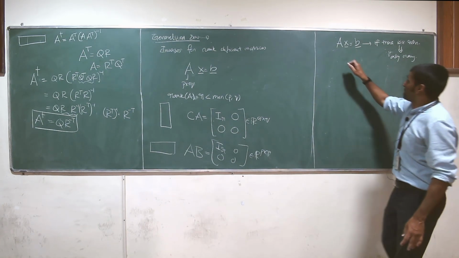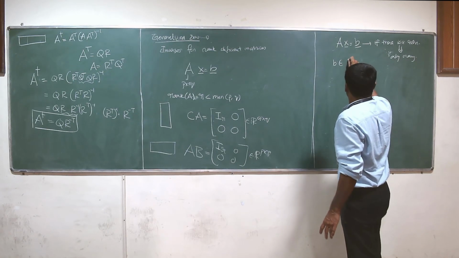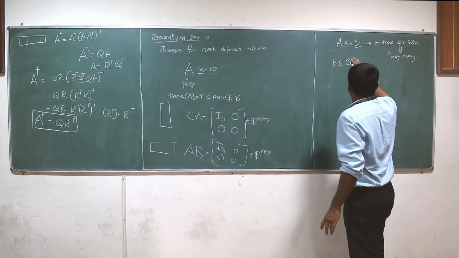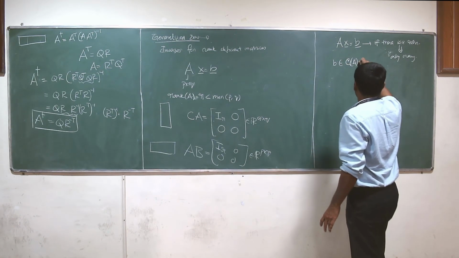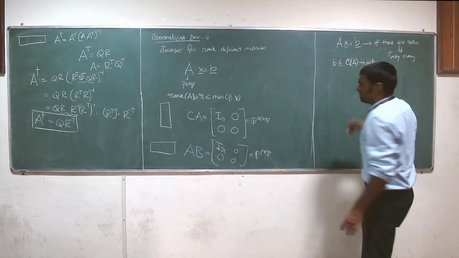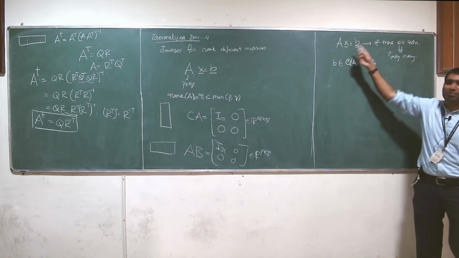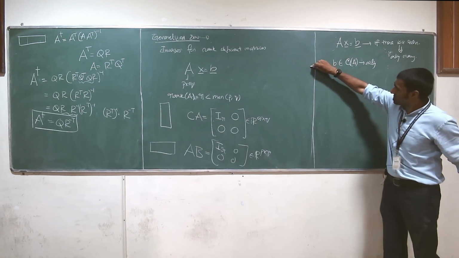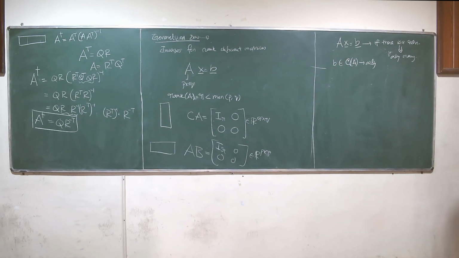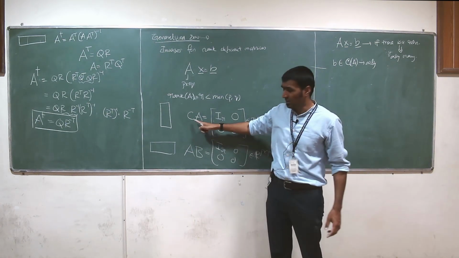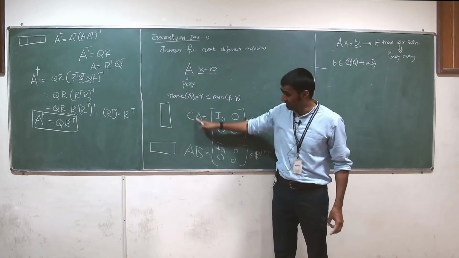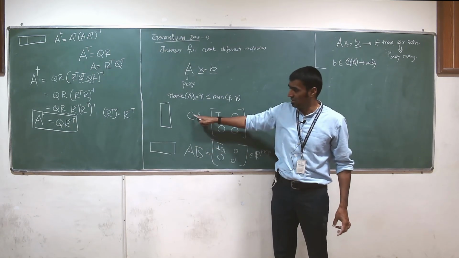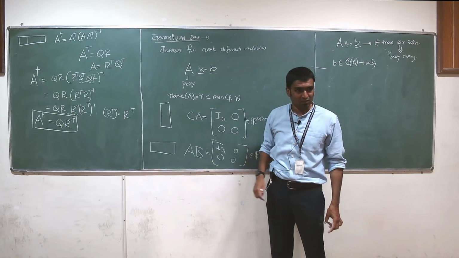Okay, the same thing applies if B is in the column space of A, then you have infinitely many solutions. If, of course, B is not in the column space of A, this is not solvable again. And here again, like in the left and right inverse cases, there are infinitely many left inverses and right inverses.